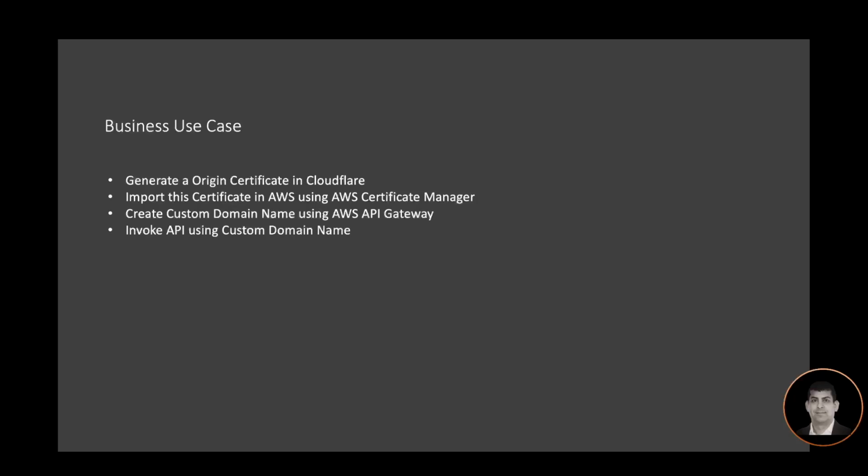Import this certificate in AWS using AWS Certificate Manager, create a custom domain name using AWS API Gateway, and then invoke the API using the custom domain name. One note here, I'm using Cloudflare, but the same use case can also be used with another AWS service, which is Route 53, if you are using Route 53 as your DNS provider.